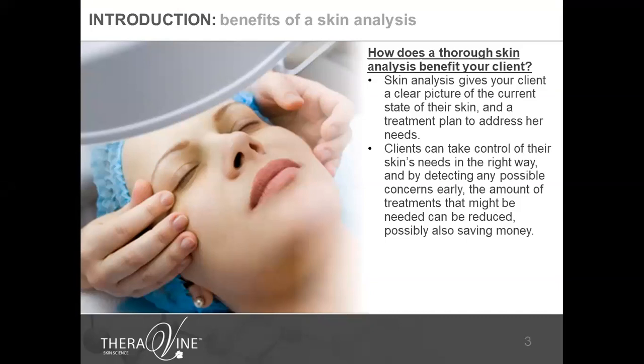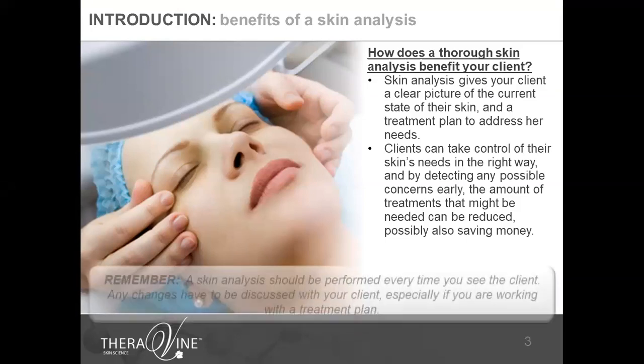So doing a thorough analysis really gives your client the ability to take control of their skin's needs, and also to make sure that you detect any possible concerns at an early stage, so that the amount of treatments that might be needed can be reduced, and possibly even saving money. So if the skin is, for instance, dehydrated, the sooner we can pick that up, the sooner we can treat it, and we can move forward to getting good results for her.